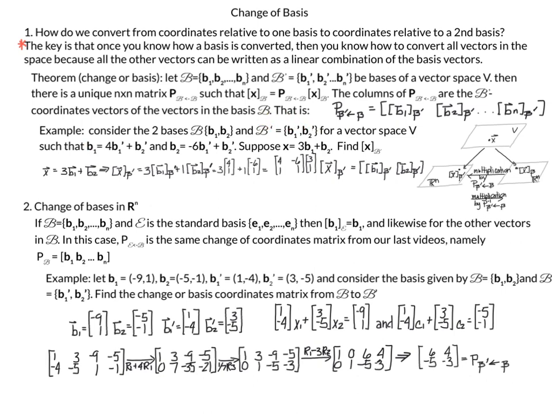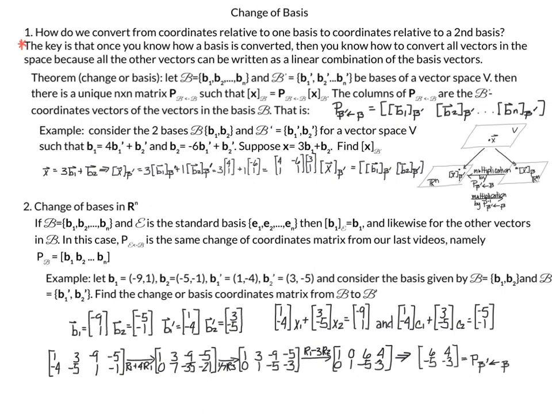So b1 maybe can be written, for example, as 4b1 prime plus b2 prime, and our b2 can be rewritten in terms of B prime as minus 6b1 prime plus b2 prime. Then suppose we have a vector x which is equal to 3b1 plus b2. In other words, x is equal to 3, 1 with respect to the basis B. Now we want to find the coordinates of x relative to the basis B prime.